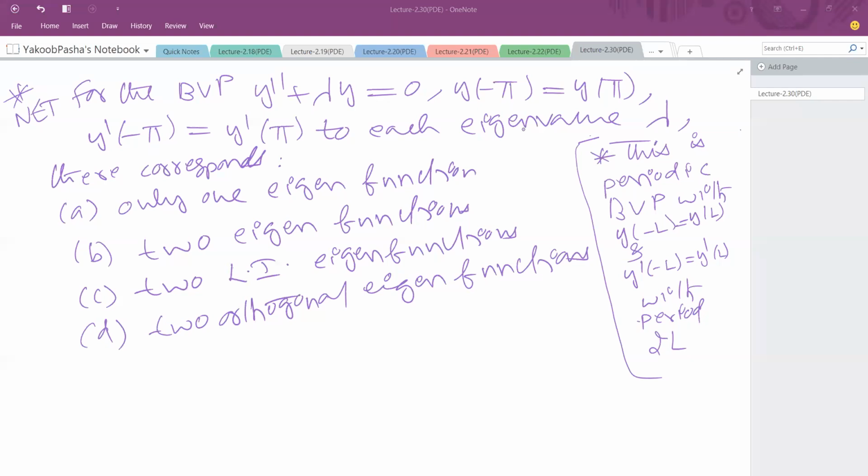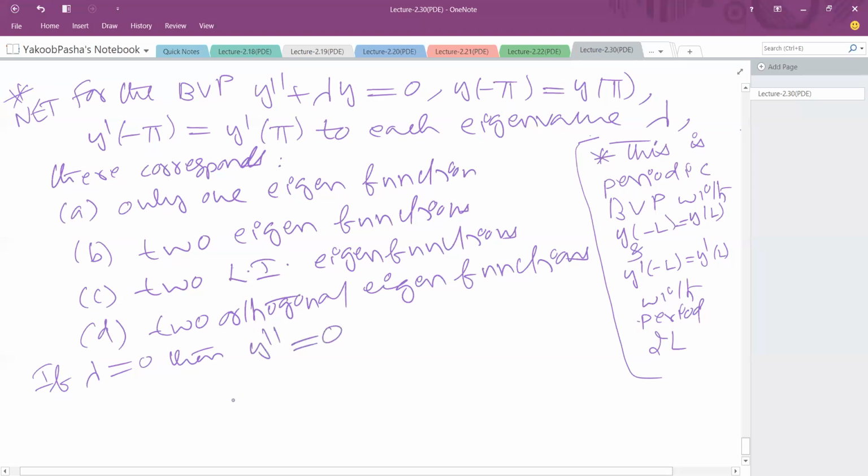Okay. First, I am taking lambda is equal to 0. What happens? If lambda is equal to 0, then the given differential equation is y double dash is equal to 0.